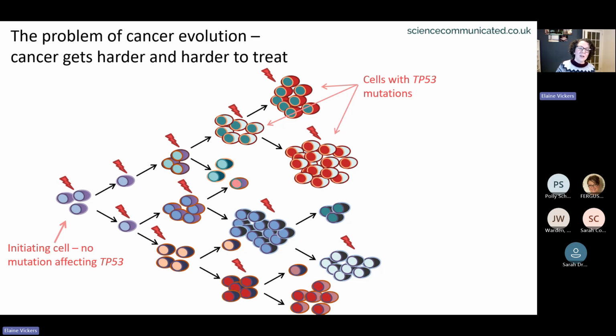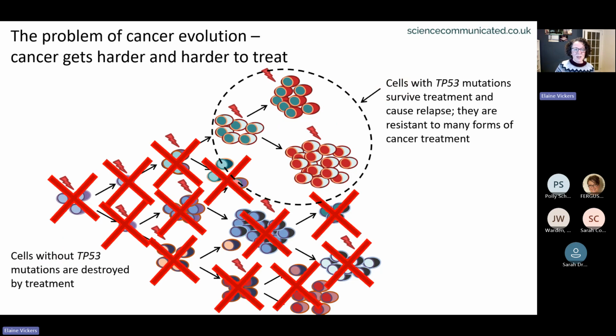So you might find that at the point of diagnosis, you don't detect cells containing a TP53 mutation. But TP53 mutations tend to make cancer cells more resilient, less able to die, less sensitive to treatment.